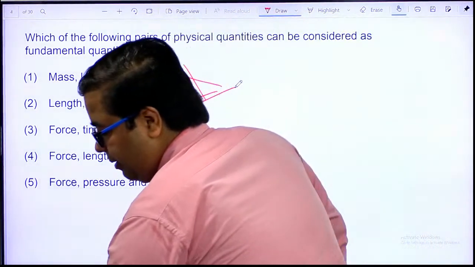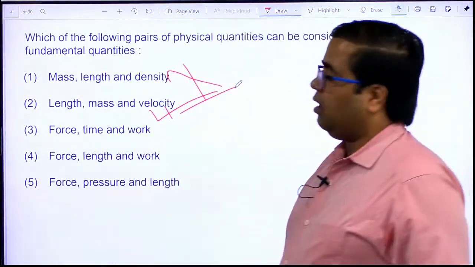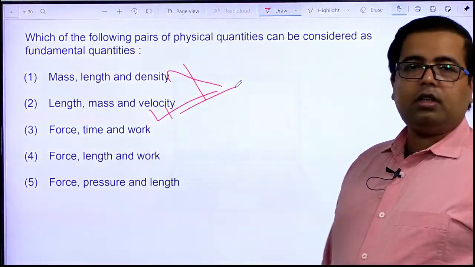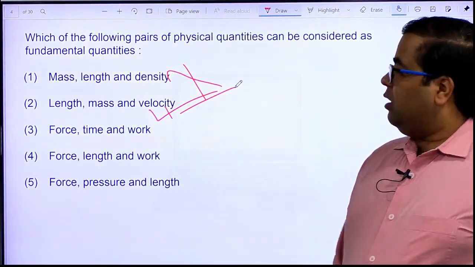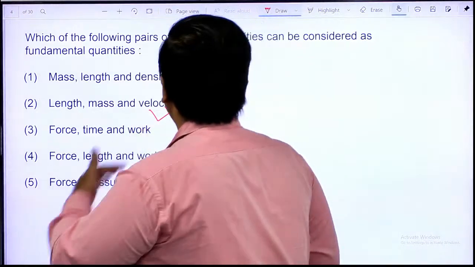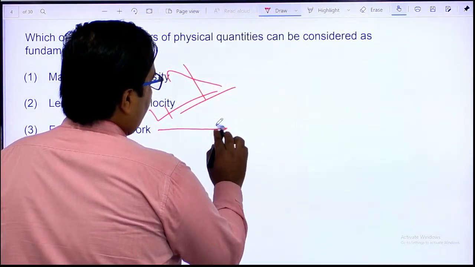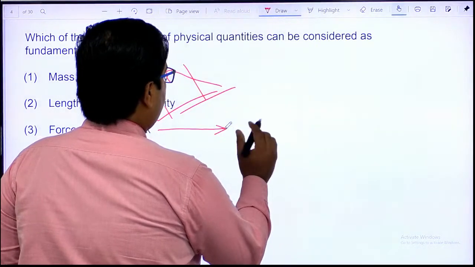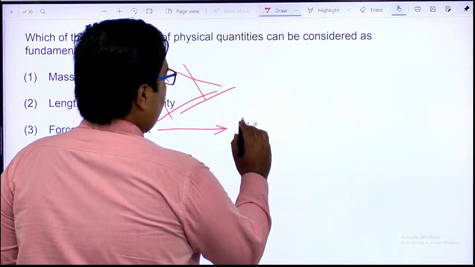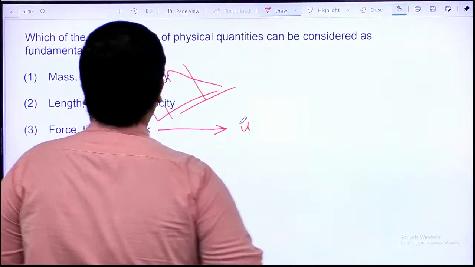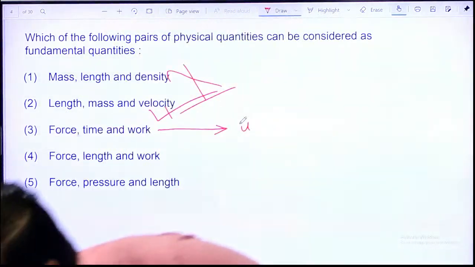Let's see the third one, that is force, time, and work. Now try to relate it. You know the formula of work. Let me change the pen.